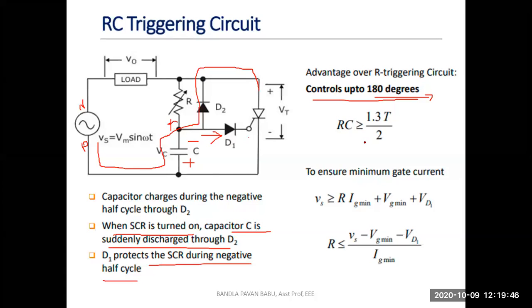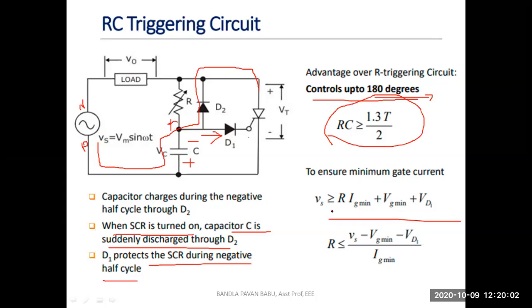And the resistance RC is chosen based on this relation: RC greater than or equal to 1.3 T by 2. You can note down the relations. Vs, that is the input voltage, is greater than or equal to R into Ig minimum plus Vg minimum plus Vd1.